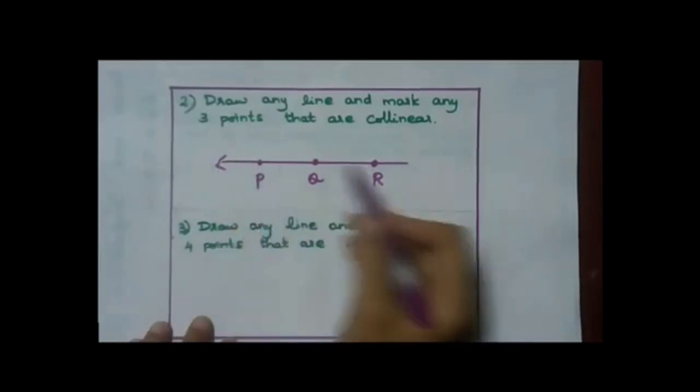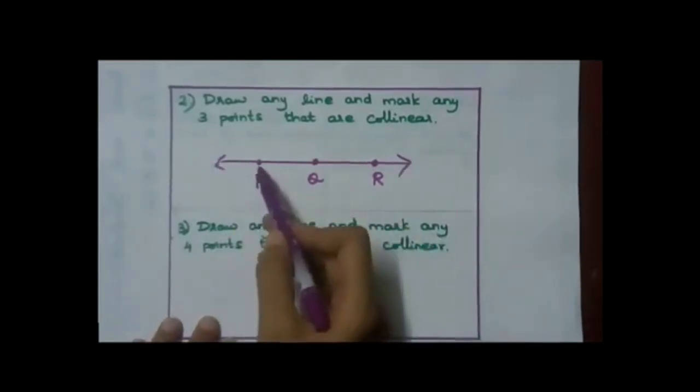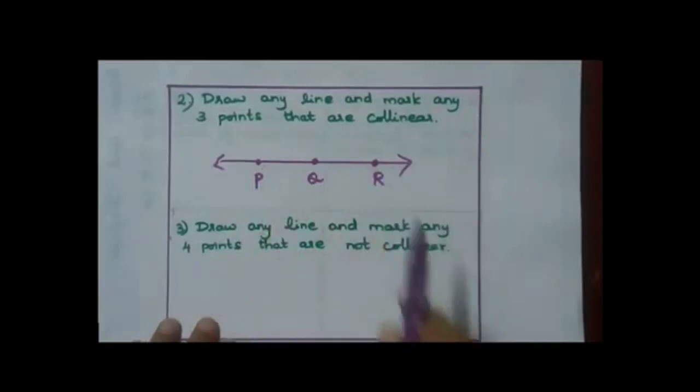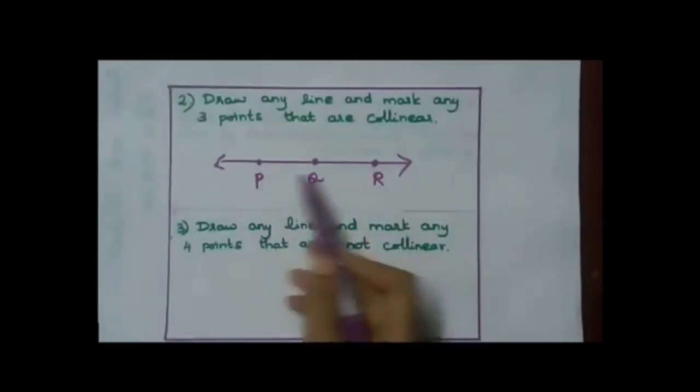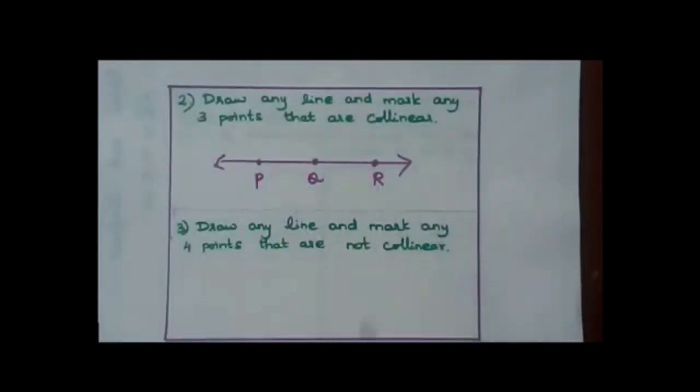So I have drawn one straight line and marked 3 points P, Q, R. So these 3 points P, Q, R are collinear.